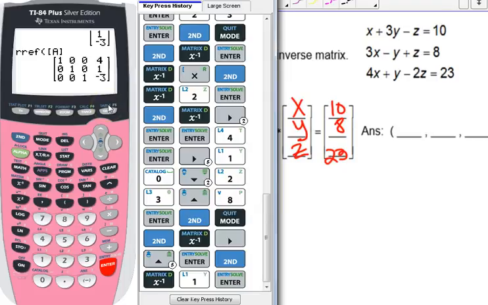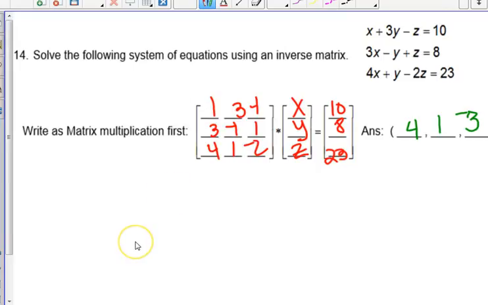Okay, so I won't know how you did it, just so you know how to write it as an inverse question or as matrix multiplication.